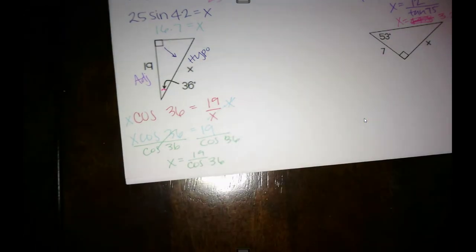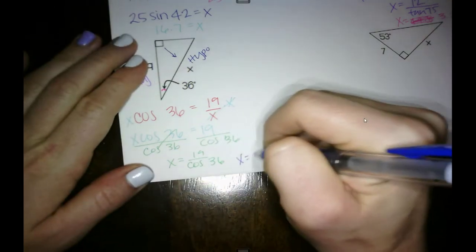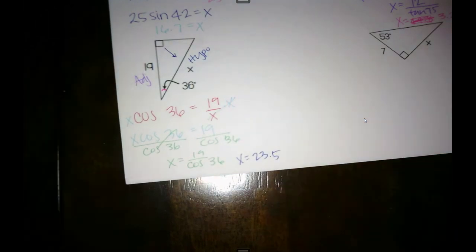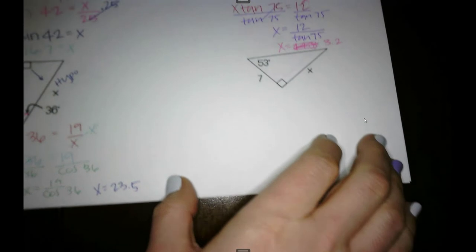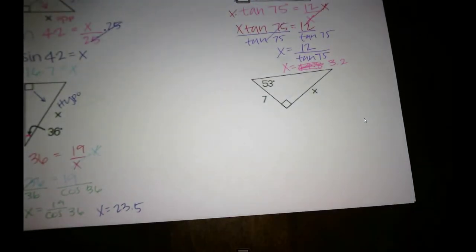And that is x equals 23.5. All right, I think you guys got the idea. I'll do one last example, but you can go ahead and turn me off if you understand and want to move on.